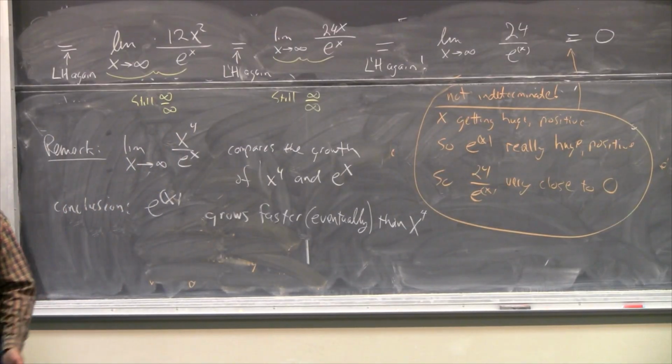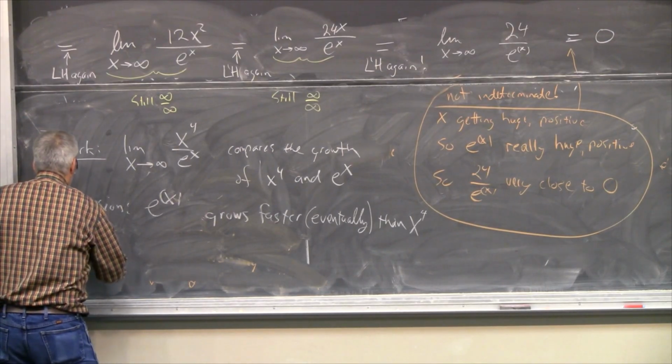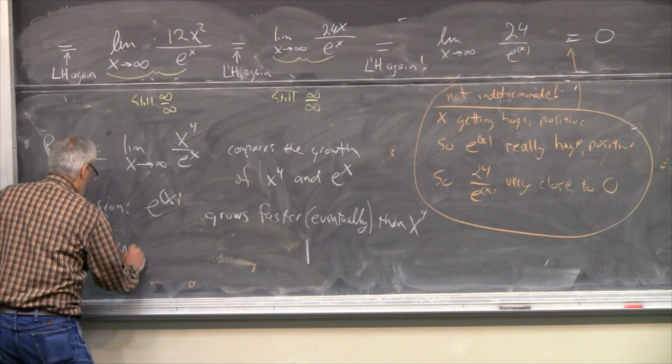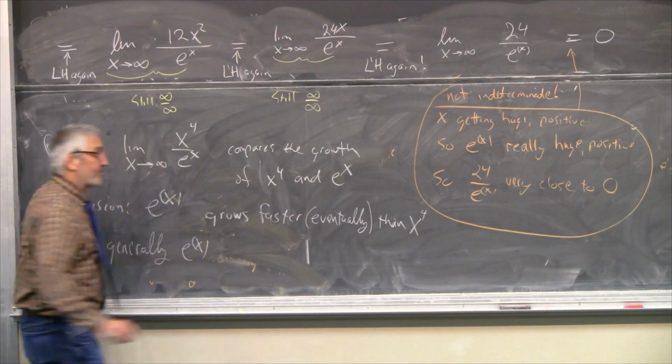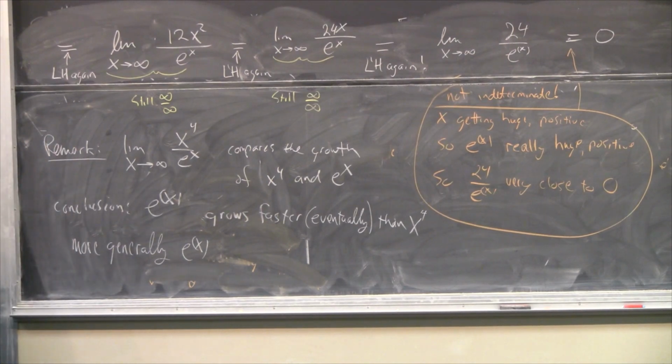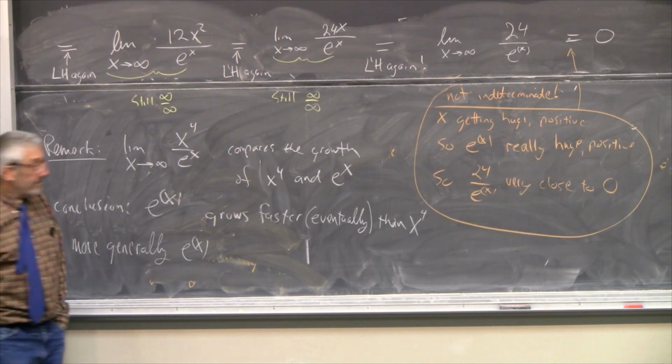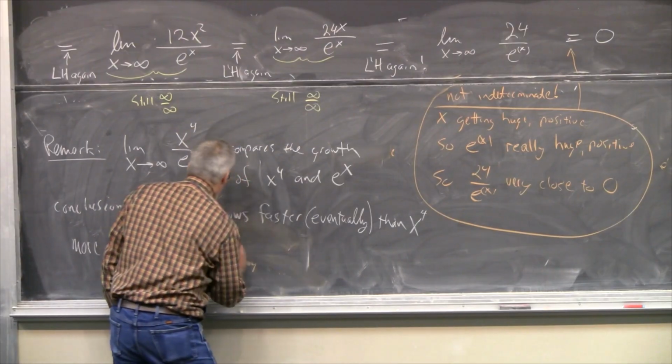It might not grow faster right away, but it does eventually. Now, more generally, e to the x grows faster than any polynomial. That's huge, or as Andrea would say, huge.